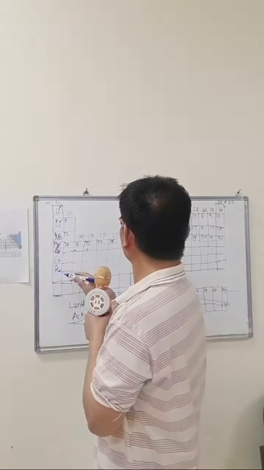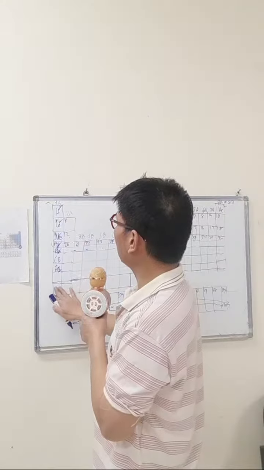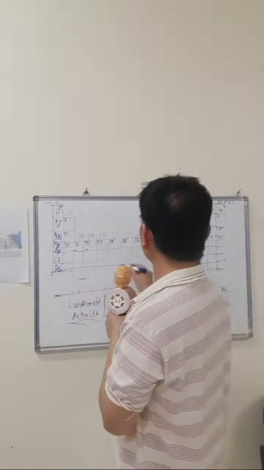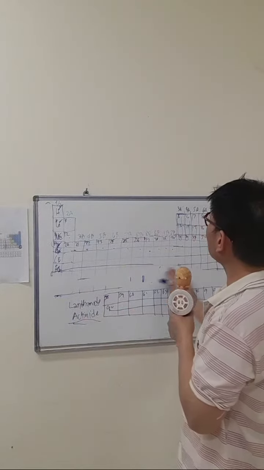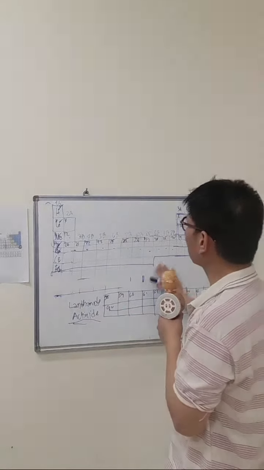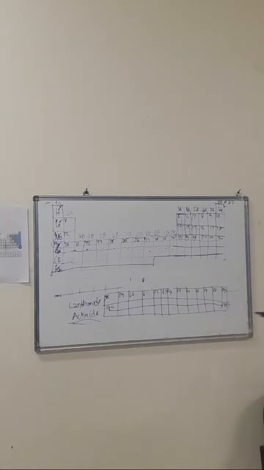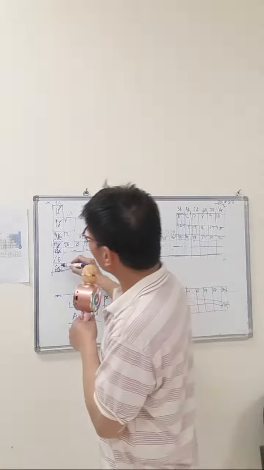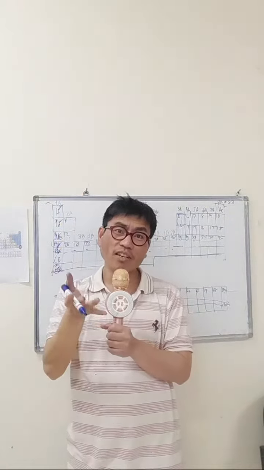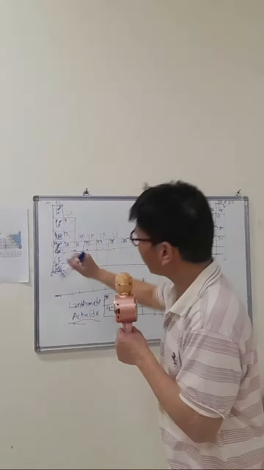So, 1, 2, 3, 4, 5, 6, 7. So, it ends here. You get the point. The period has only 7 in total. So, 1, 2, 3, 4, 5, 6, 7, right?